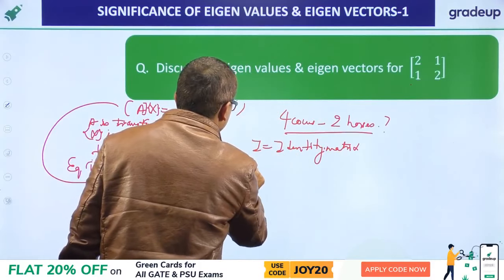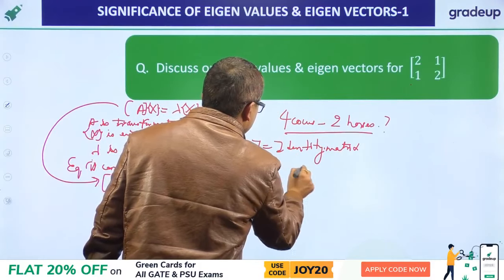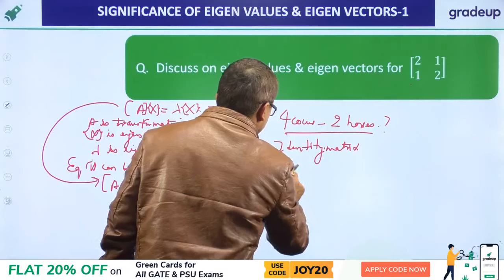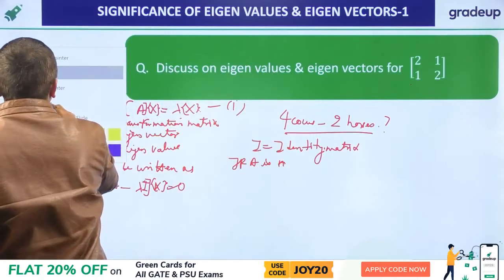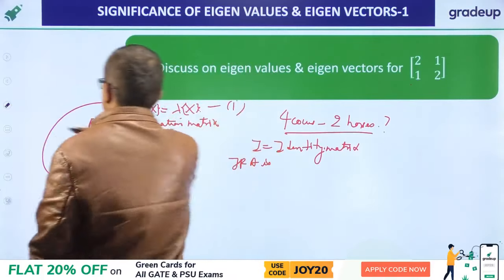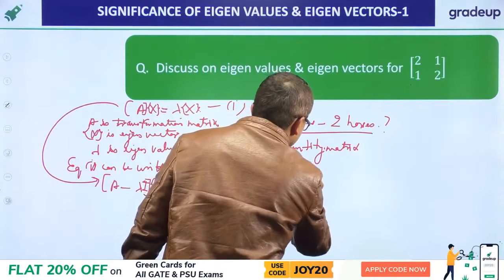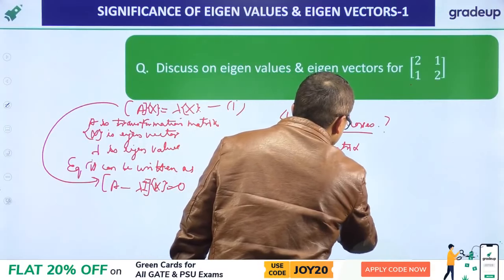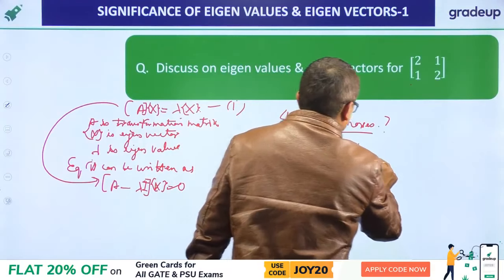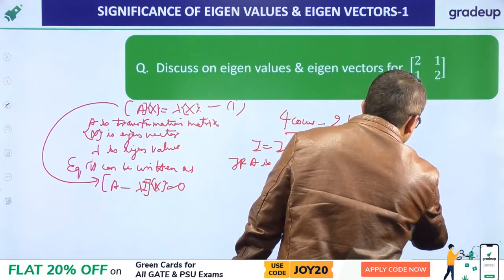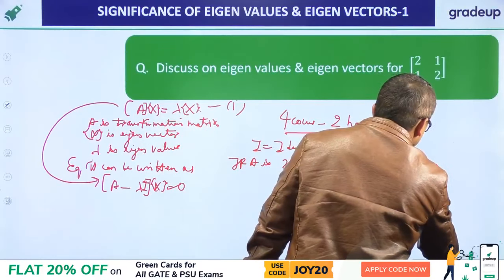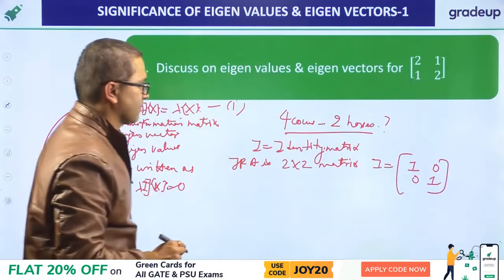If A is a 2 cross 2 matrix, then I is something like this, 1 0 0 1, right?